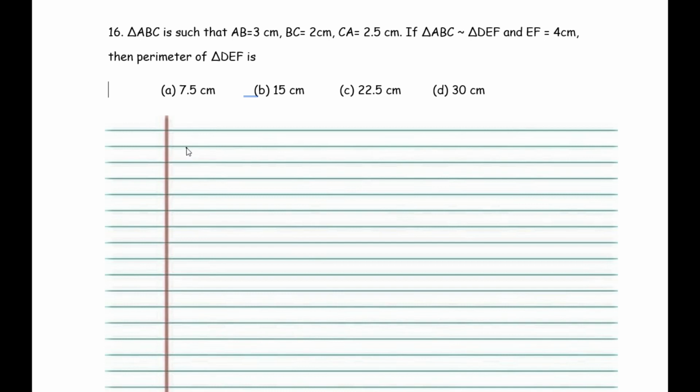That is, perimeter of triangle ABC divided by perimeter of triangle DEF will be equal to BC divided by EF, ratio of their corresponding side. What is the perimeter of triangle ABC? That is 3 plus 2 plus 2.5. We get 7.5 divided by perimeter of triangle DEF.